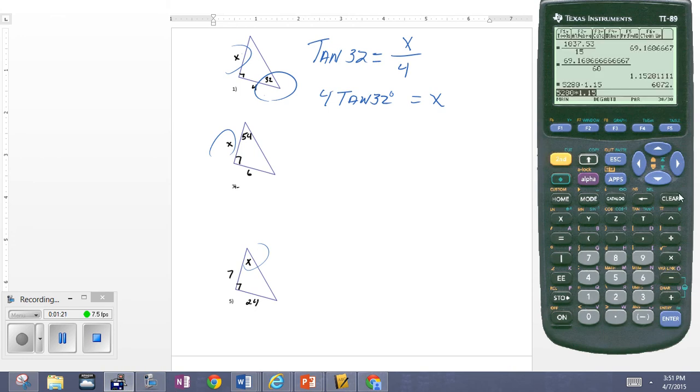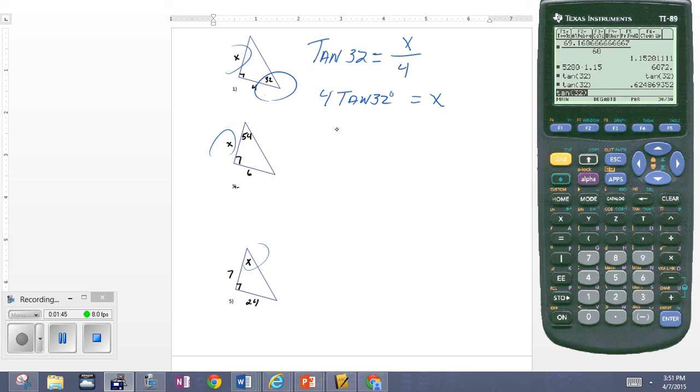I'm going to find the tangent. It's a secondary function. The tangent of 32. And it's going to give me the decimal value of 0.624.